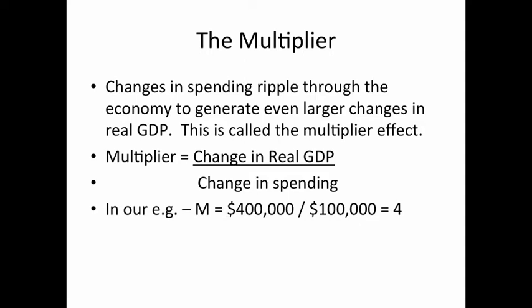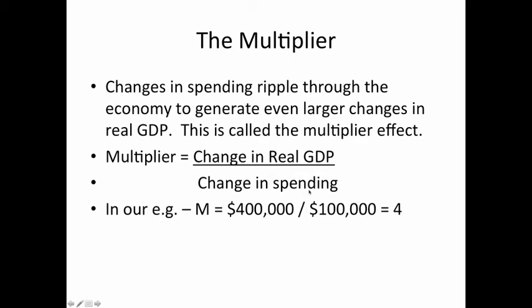And the good news is that when we look at this, we don't have to create a table every time, looking at the original change in spending, then applying the MPC, and calculating the second round change in spending, and calculating the third round change of spending, and having to add all these numbers up. There's a nice shortcut, and the shortcut is using this variable called the multiplier. So what the multiplier is, it's the total change in real GDP divided by that original change in spending.